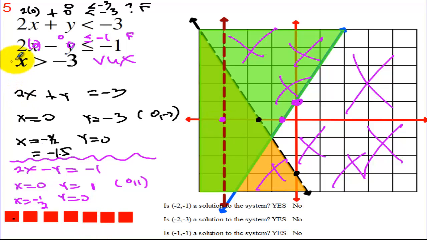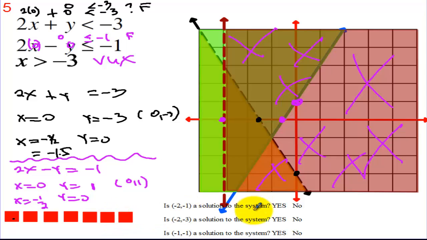And then it's greater than, so we have to shade the right side of this line. Okay. But we know that this is not part of our solution. So we are going to say that the intersection of the three inequalities will be on this area.